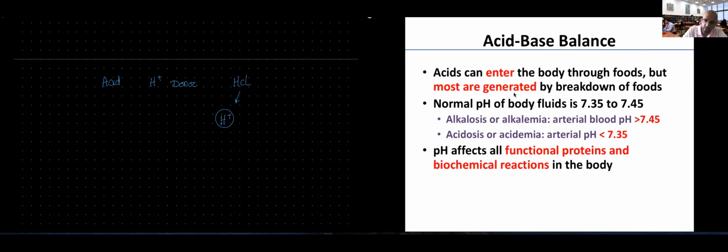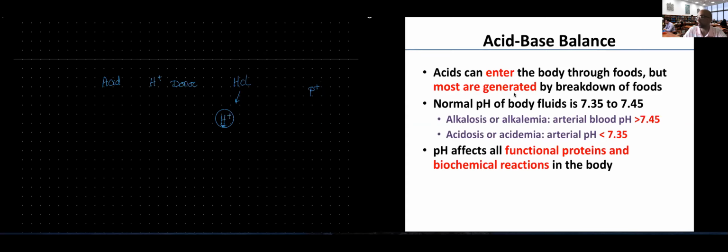Why do I call the hydrogen ion a proton? Remember, a hydrogen is formed of one proton and one electron. This is the hydrogen. So what is meant by being an ion? This means that this hydrogen has lost its electron.